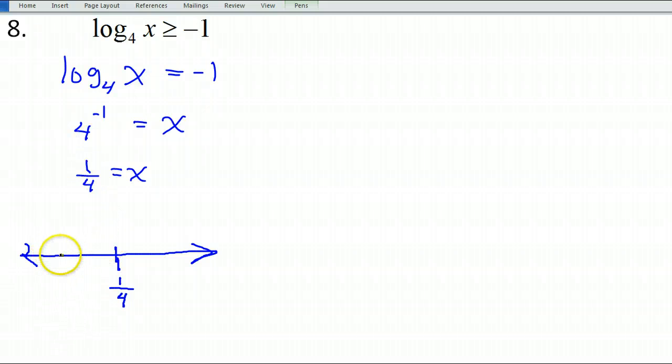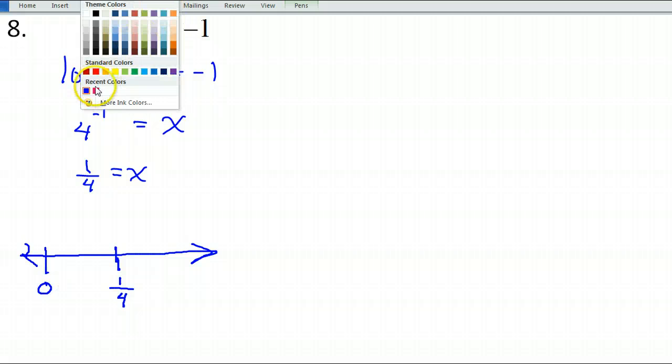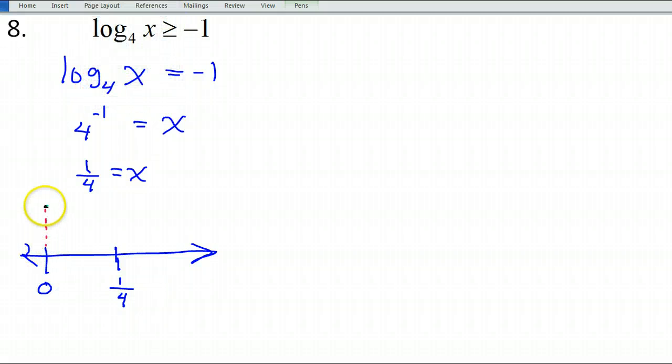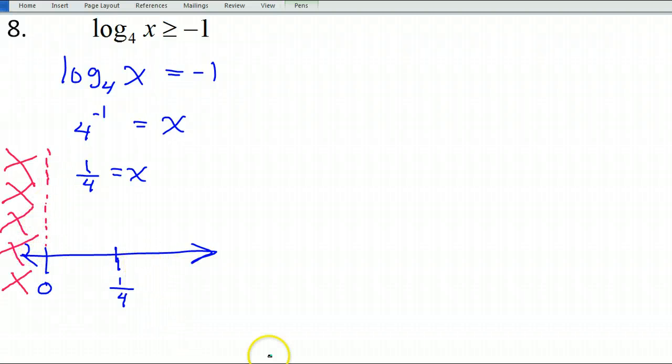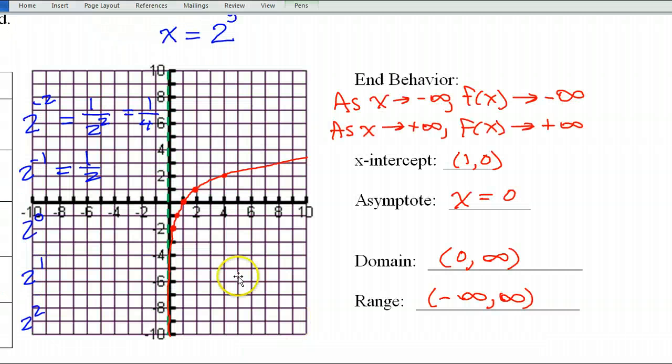Now, don't forget, 0 is lurking over here, and 0 is the asymptote. This is still a parent log function, so the asymptote is still at 0. Remember, there's nothing going on over here. It's this undefined area. Can't even touch the 0, because logarithms have an asymptote right there.